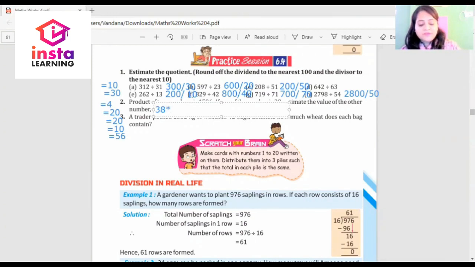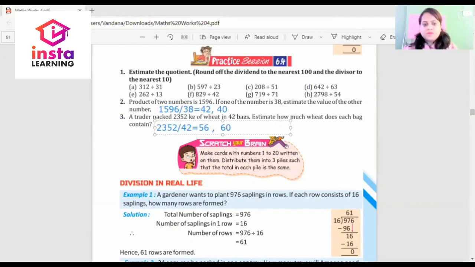So write here x, or you can say b value, equal to product, means your answer 1596. If we divide, this is your dividend and 38 divisor, you will get the answer 42, and estimate the value of the other number. It means answer is 40. If you estimate this number, you will get the answer 40.